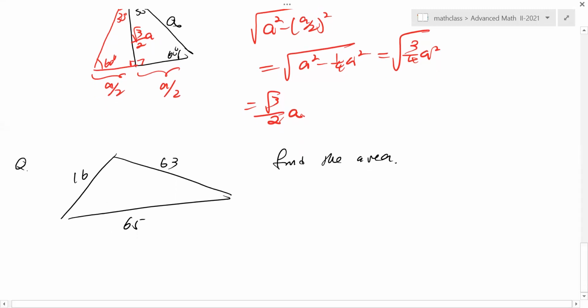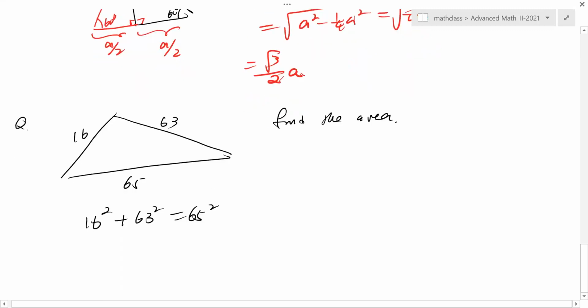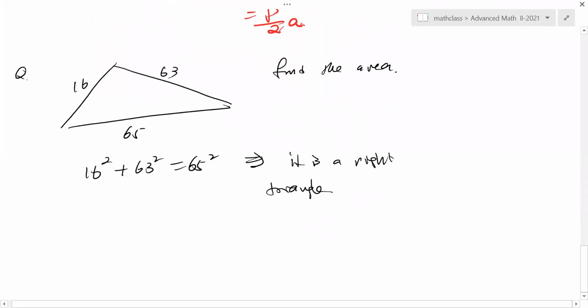Maybe you memorize several special triangles. You're young, most of you have a super memory, and you can memorize more than your parents. After you do lots of exercises, you'll know the special triangles. So you check that 16 squared plus 63 squared equals 65 squared. Verify this first, then it implies it is a right triangle. Why? By the Pythagorean theorem.